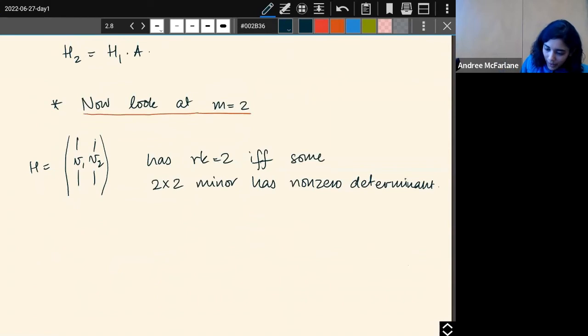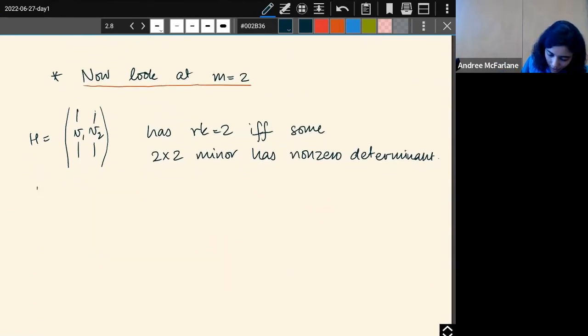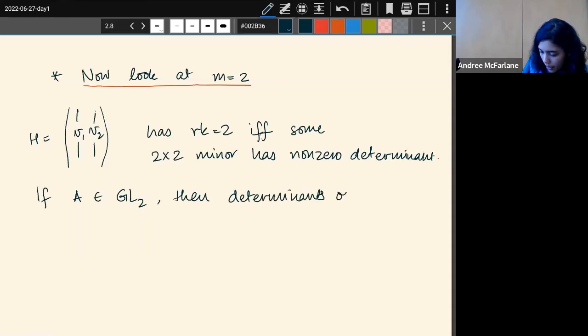In fact, if A is any 2 by 2 invertible matrix, then the determinants of the 2 by 2 minors of HA are just the same as the previous determinants times the determinant of A.